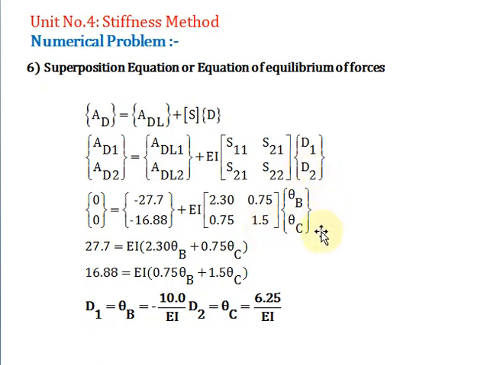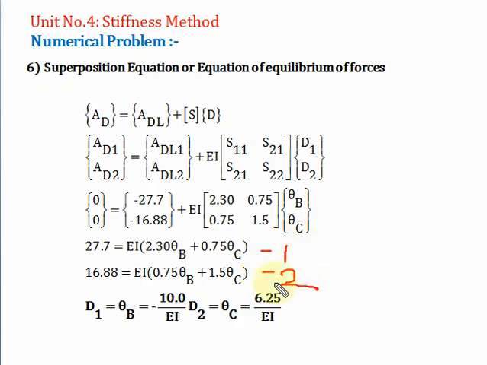D1 and D2 are theta B and theta C. Now multiply this matrix: 2.3 theta B plus 0.75 theta C equals 27.7, taken to this side, and 0.75 theta B plus 1.5 theta C equals 16.88. We'll call this equation 1, and this one equation 2.